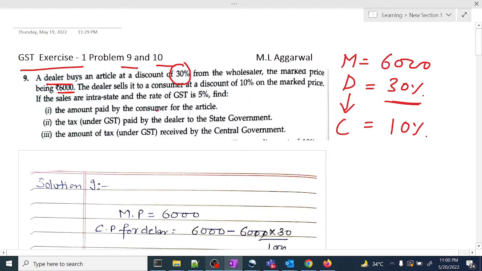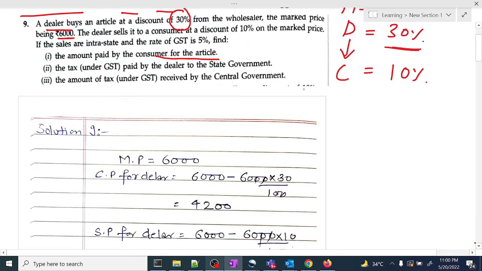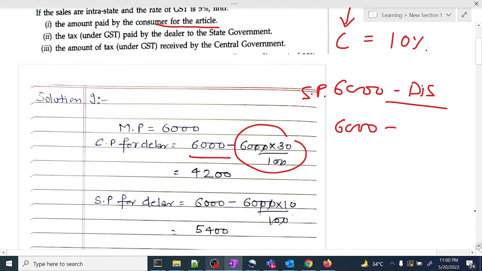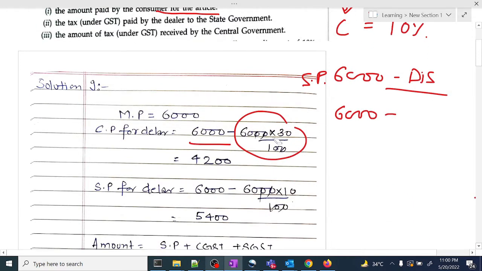The amount paid by the customer for the article. So first is the amount. How much would be the amount? Mark price minus discount, right? So this is my selling price. The dealer is selling with a 10% discount.